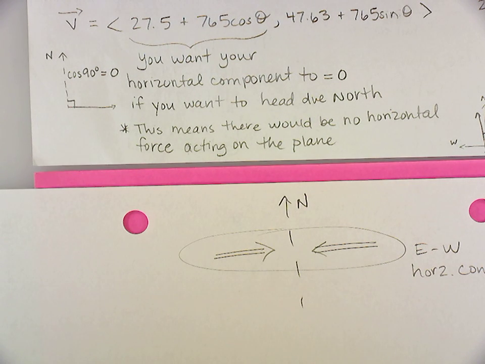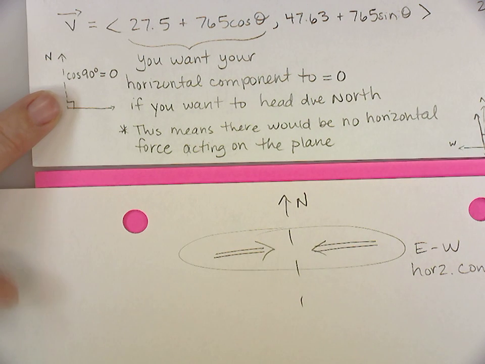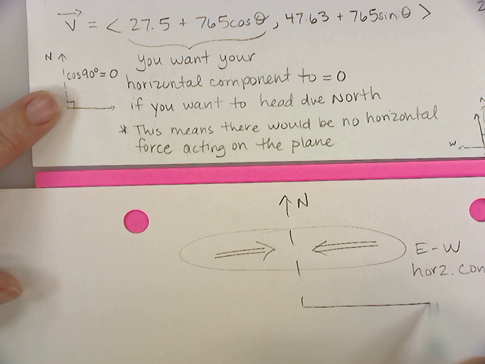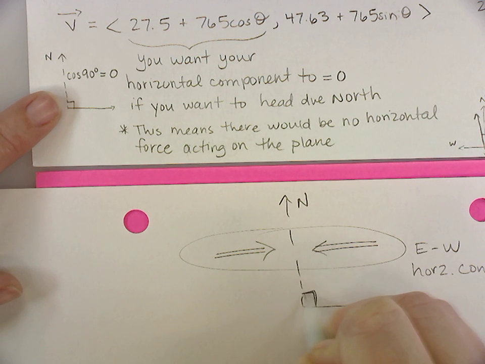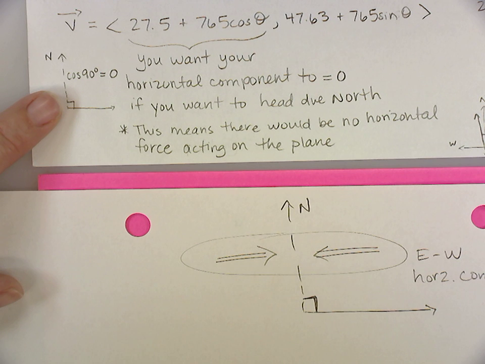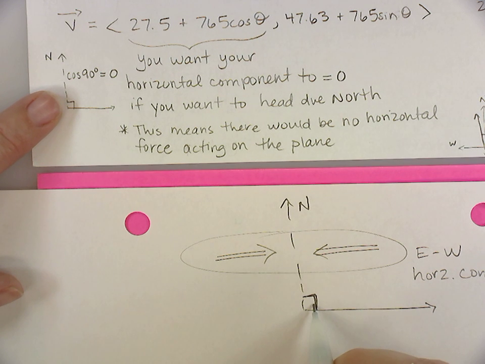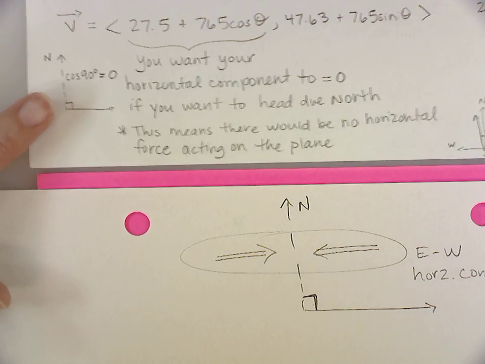Another way that you can think about that, which is the picture I drew here: if you want to go true north, you'd want the angle theta of the plane to be 90 degrees, correct? That would be north. And what is the cosine of 90 degrees? It's going to be 0. So you want the horizontal component to be 0.